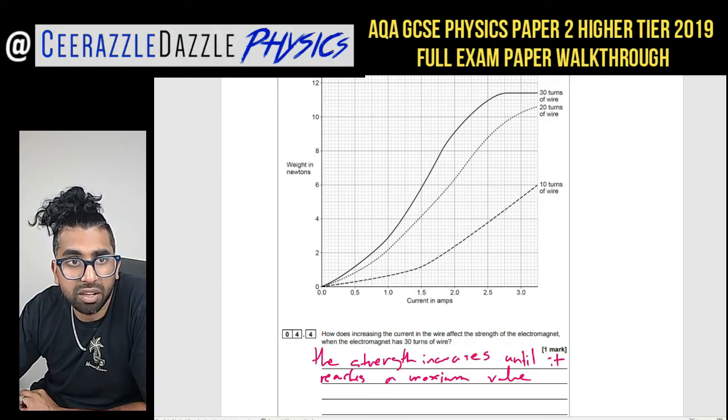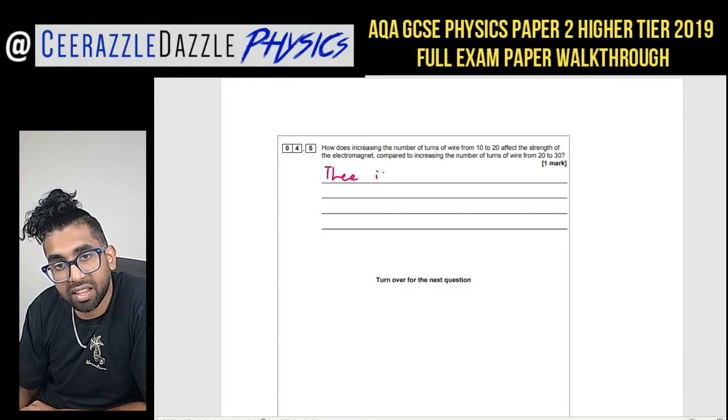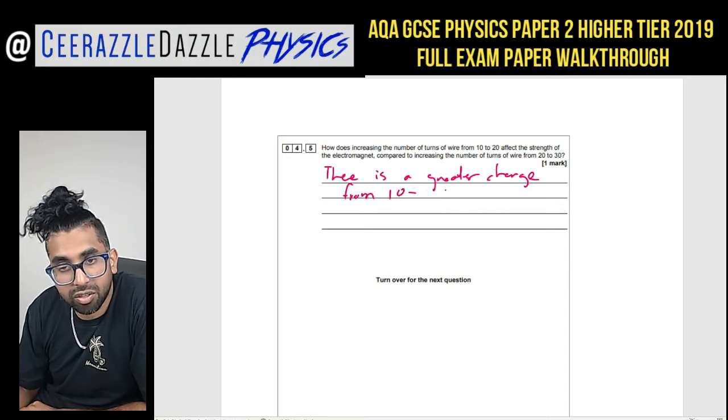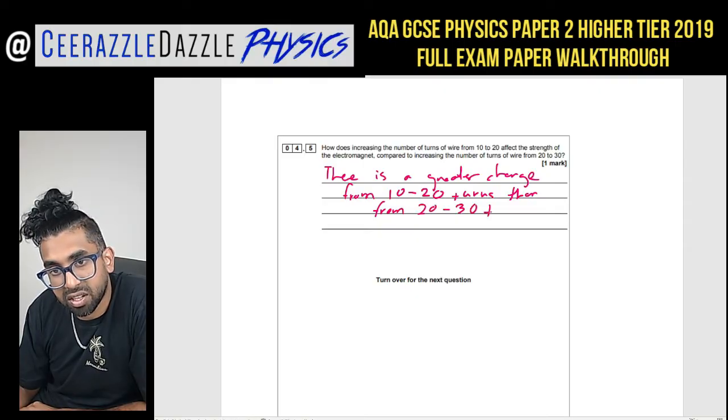So we can put that down over here: there is a greater change from 10 to 20 turns than from 20 to 30 turns.